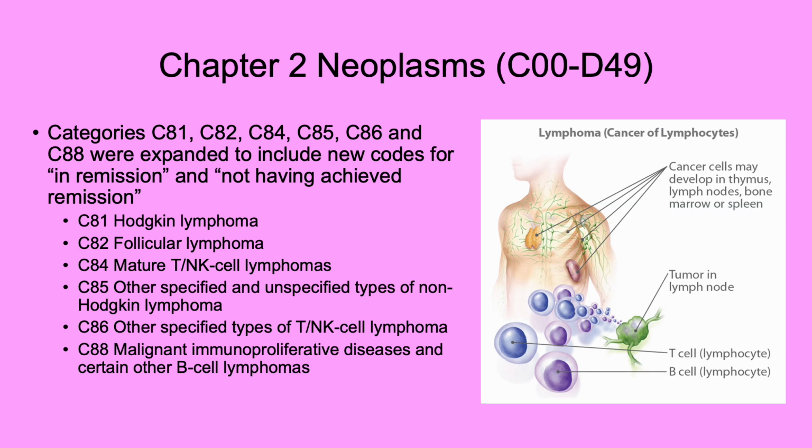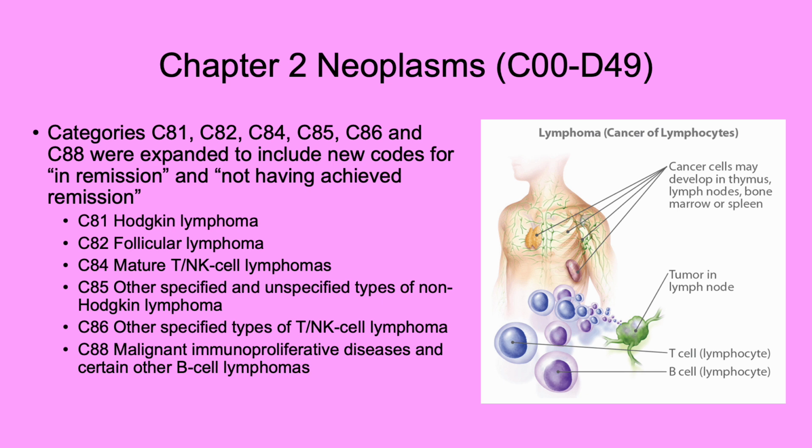Okay, let's start with Chapter 2. The neoplasm categories C81, 82, 84, 85, 86, and 88 were expanded to include new codes for in remission and not having achieved remission, meaning not in remission. So again, as always, every year the codes get more and more specific.